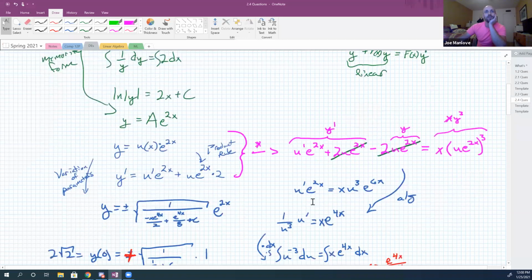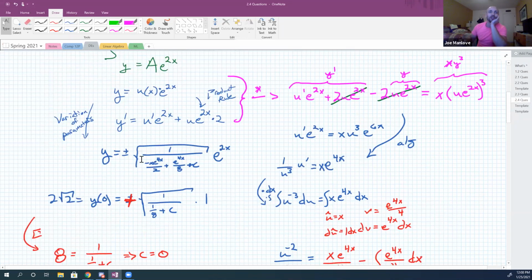So even after all this variation of parameters, I got to here, and this is not quite the complete solution because also y constantly 0 solves this thing. You guys see that?